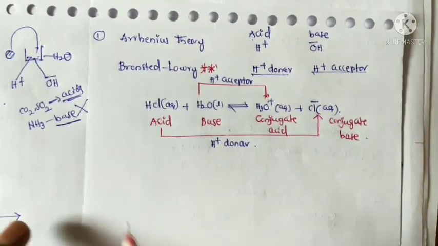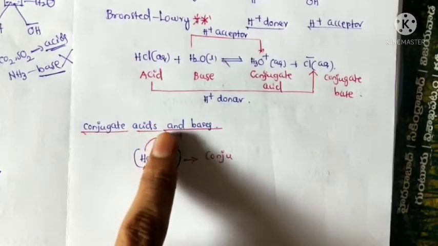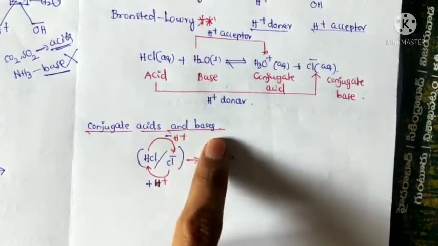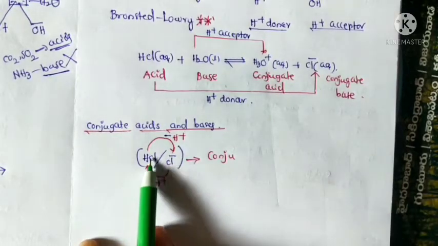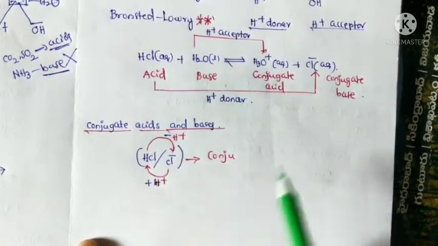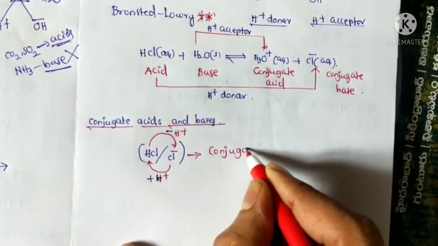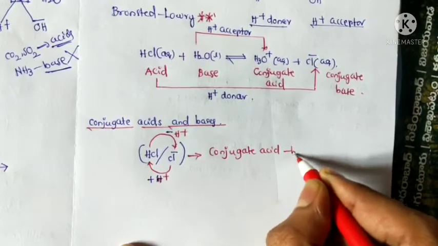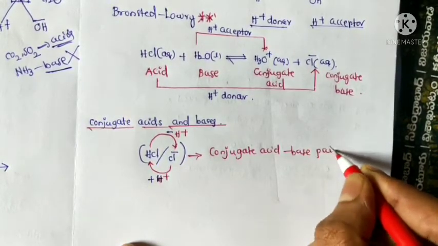It is very important. Conjugate acids and bases together form a pair called a conjugate acid-base pair.